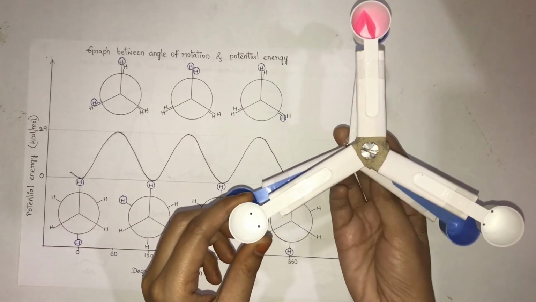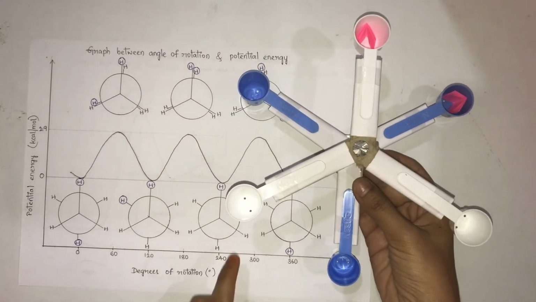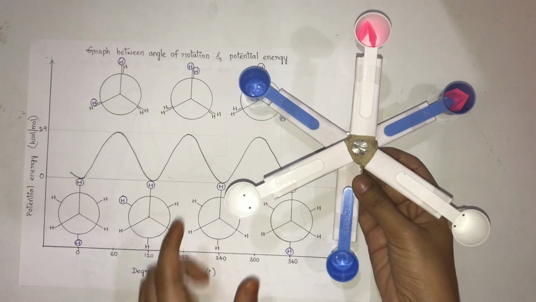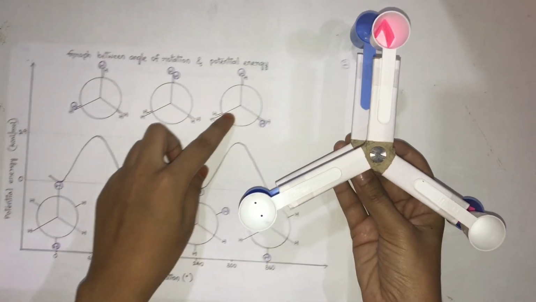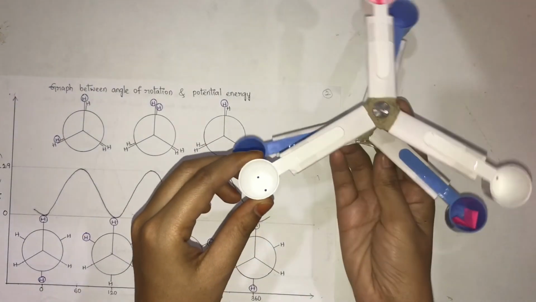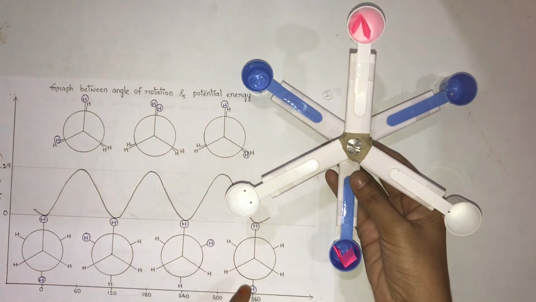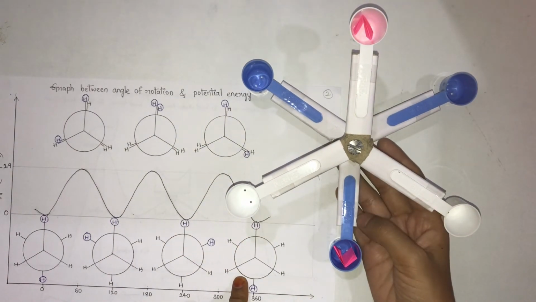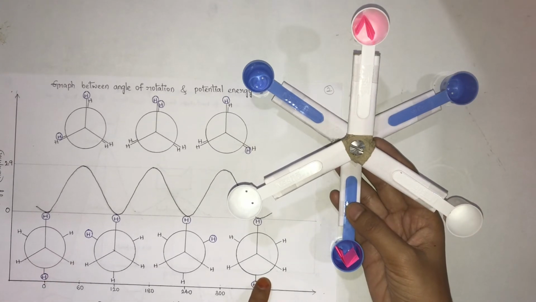Again 60 degrees rotation: staggered form. Again 60 degrees: eclipsed form. Again 60 degrees: staggered form. So this is the first form which we have seen. Again repeated. By this we complete one cycle.